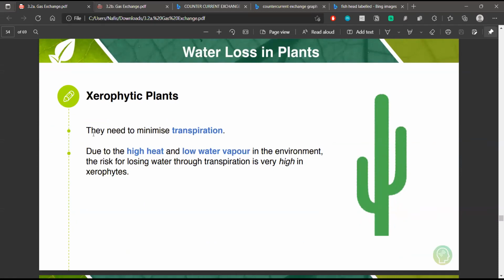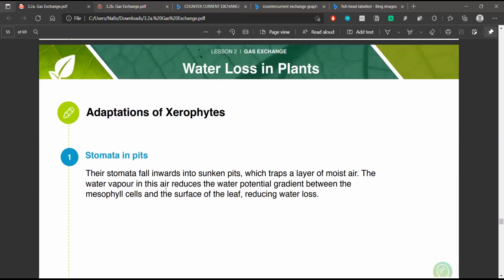Because they live in an environment with a lack of water, there is a really high risk of losing water through transpiration. But they don't want this. They need to minimize this because it's going to be hard for them to retain and get that water back. So they do everything they can to not lose it.